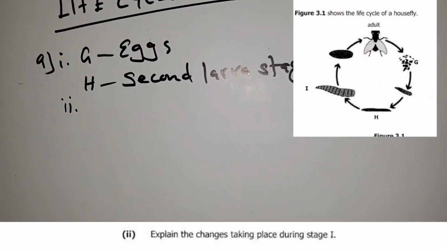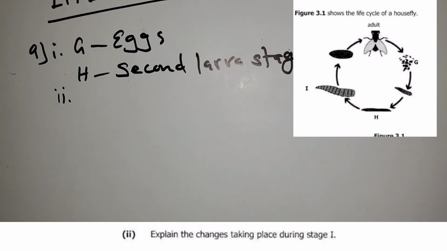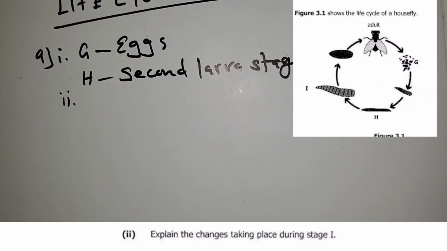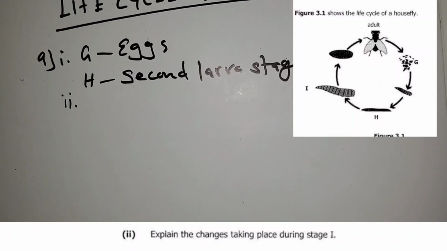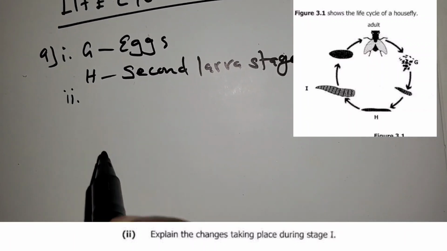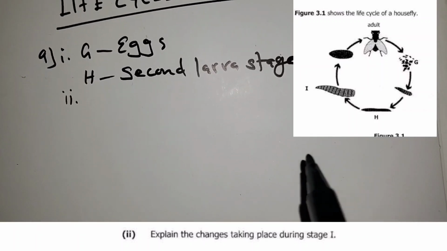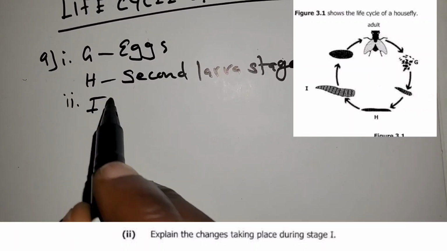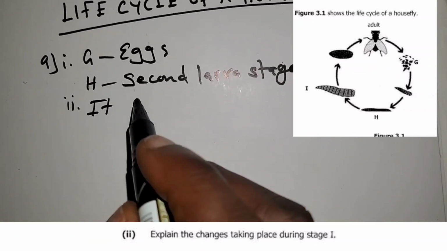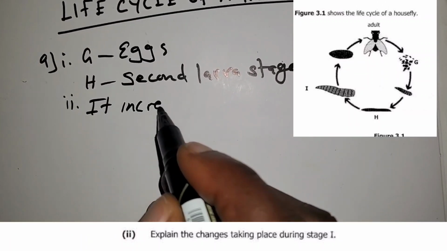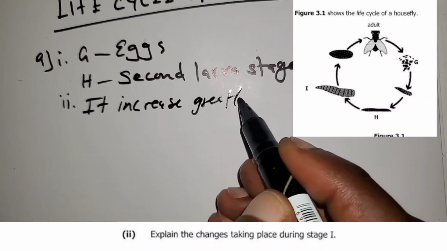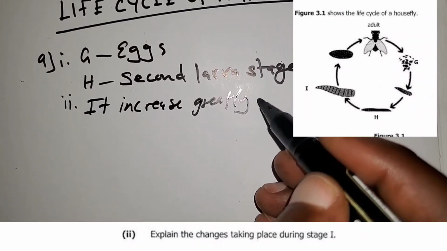A2 is saying explain the changes taking place during stage I. So you can say it increases greatly in size.